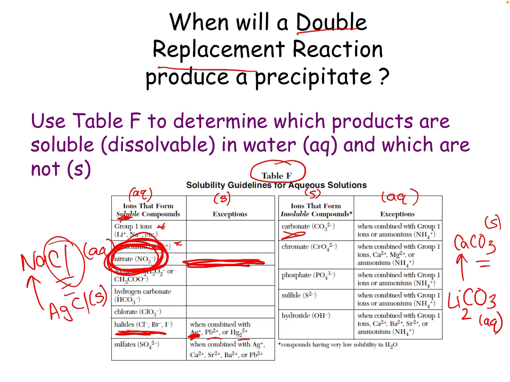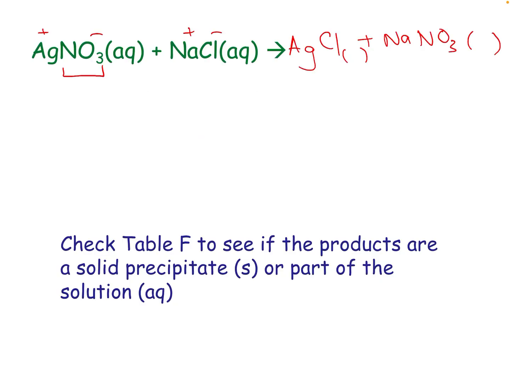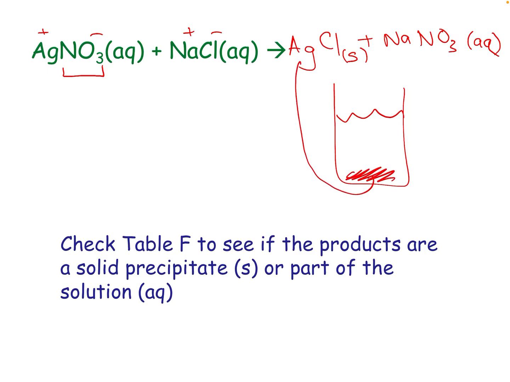However, with the halides here, silver is an exception. So that means the silver chloride is our precipitate and the sodium nitrate is part of the solution. So if you were to have a test tube, you would have a solid down here, which would be the silver chloride, and the part of the solution right there, which would be the sodium nitrate.